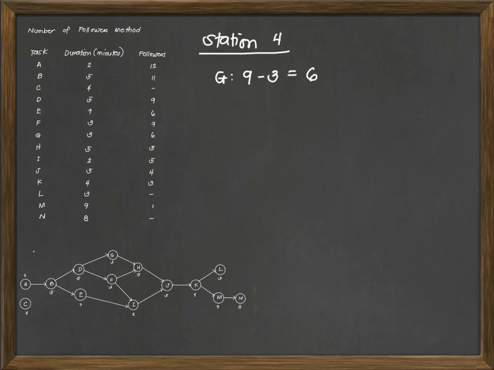So, pwede ko nang ilagay si H. That's 1 minute. So, again, wala na tayong pwedeng ilagay na task. So, we can now close station 4 and proceed with station 5.